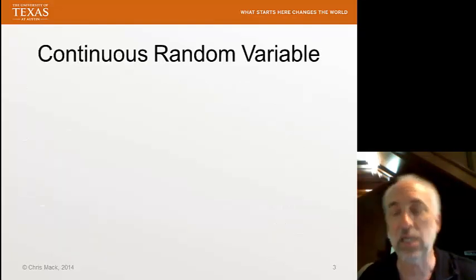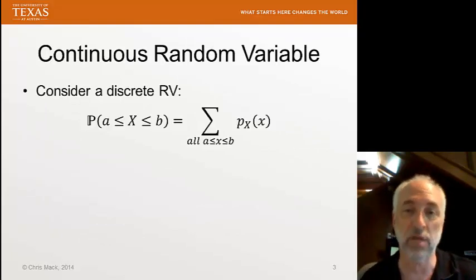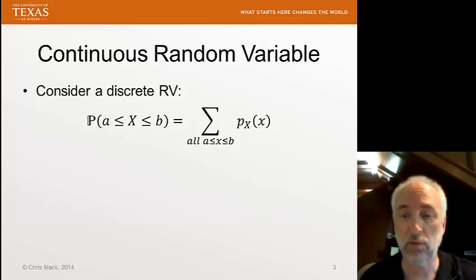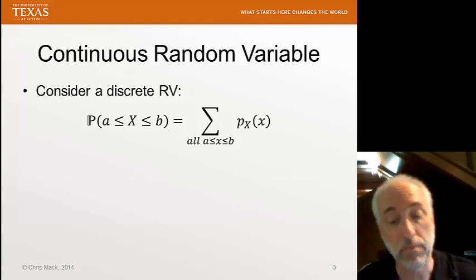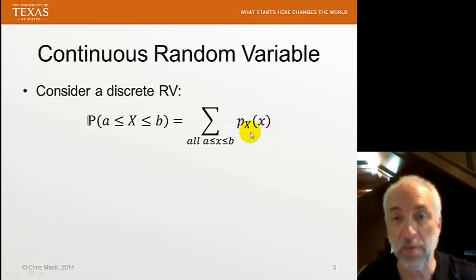Let's look at this continuous random variable by comparing it to a discrete random variable. As we've seen, a discrete random variable is characterized by the probability mass function, p sub x. X is our random variable, and the probability that a random variable takes a certain number, little x, is called the PMF.